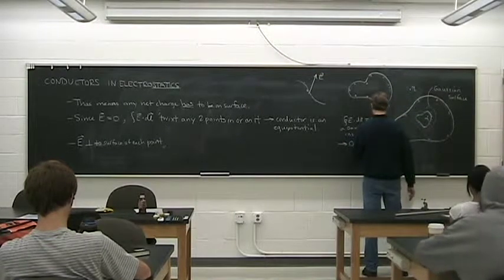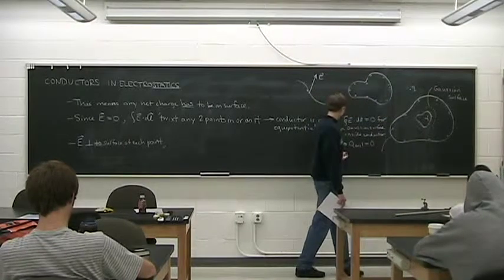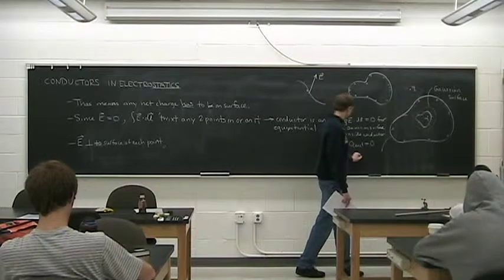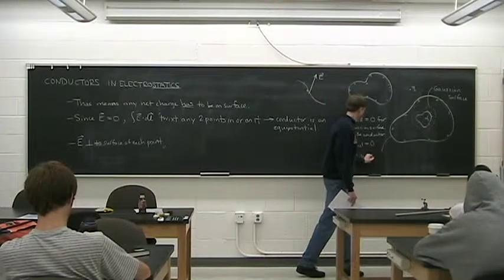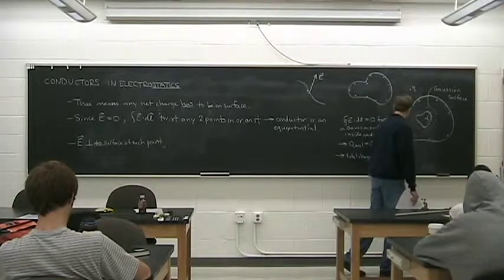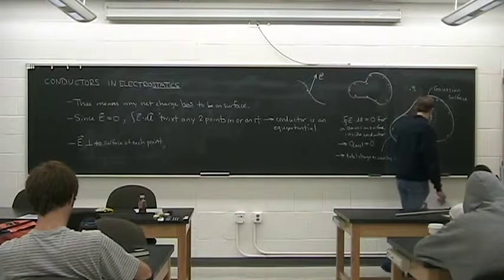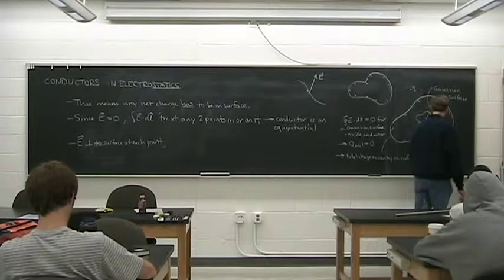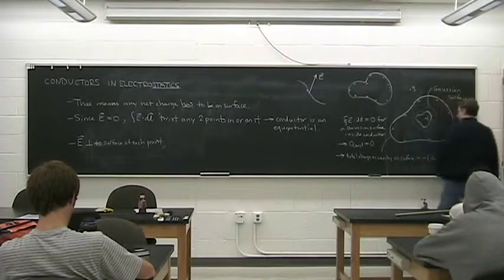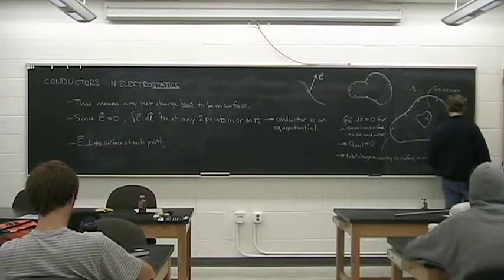So there can't be any enclosed charge, and therefore any cavity in a conductor has total surface charge equal to minus the charge inside the cavity.